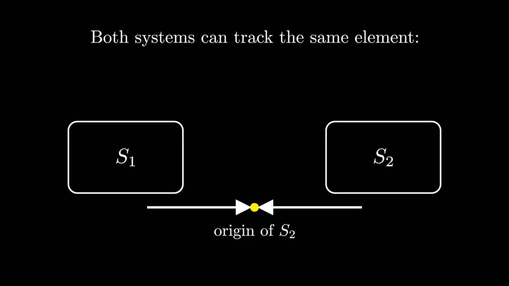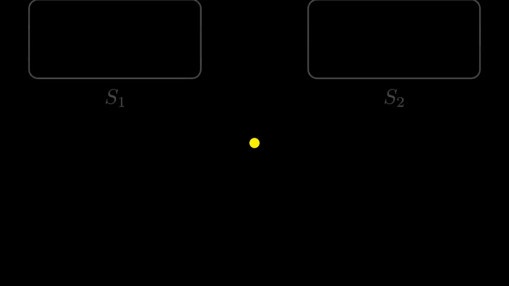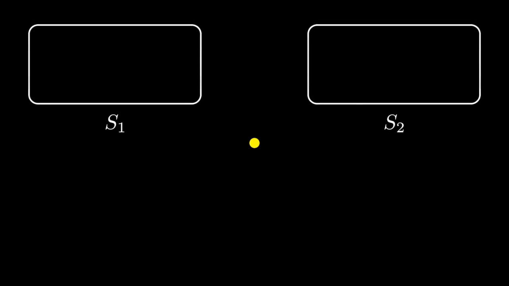The point I'm trying to make is that system S2 and system S1 can describe the same spatial location, which is the origin of system S2, with different numerical values. To be concrete, system S2 assigns 0, 0, 0 for the coordinates x prime, y prime, and z prime. This makes sense because an origin of a coordinate system is at 0, 0, 0.